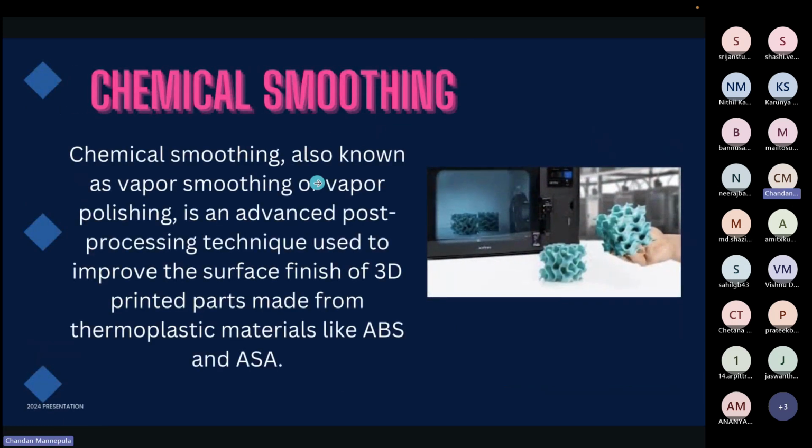Chemical smoothing, also known as vapor smoothing or vapor polishing, is an advanced post-processing technique used to improve the surface finish of 3D printed parts made from thermoplastic materials. Can anyone say the full form of ABS? I said it in the last session.